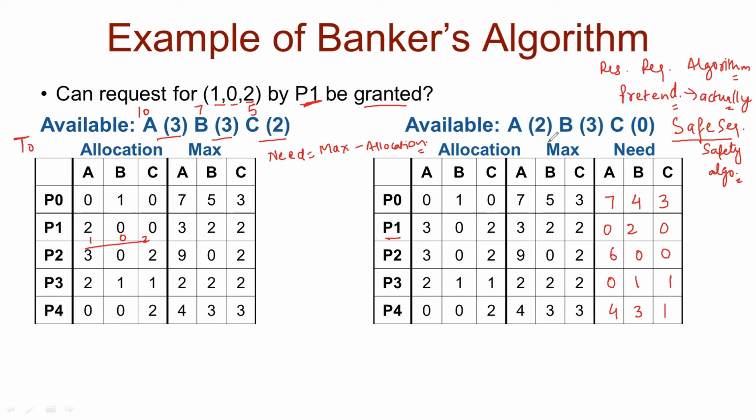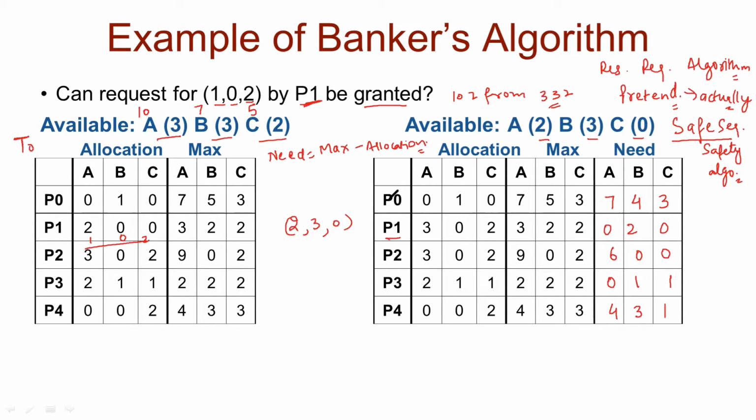Now the number of available also decreases. Subtract 1, 0, 2 from 3, 3, 2. We get 2, 3, 0. So available now is 2, 3, 0. We will start from process P0 and try to find a safe sequence.